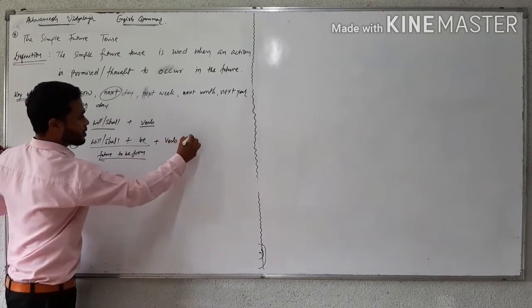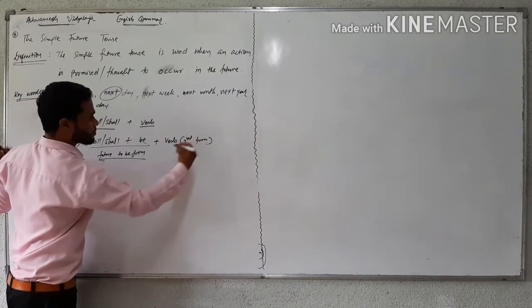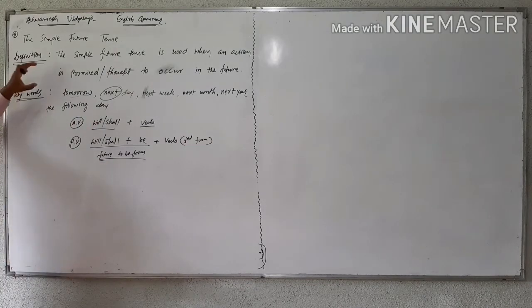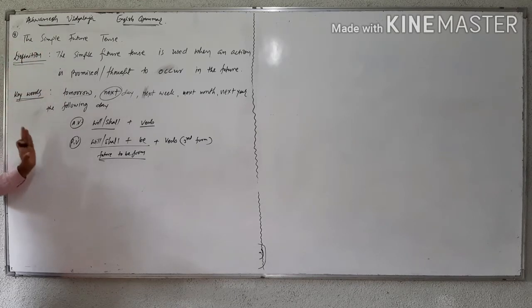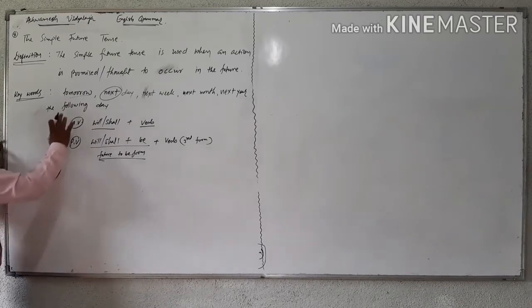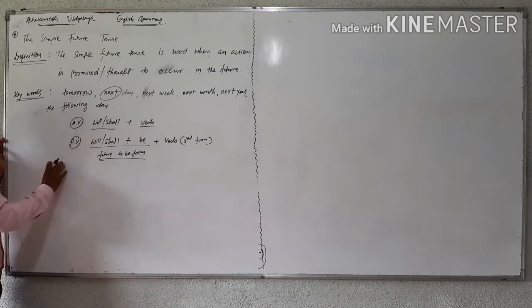To show an action occurring in the future, we use simple future tense and the keywords tomorrow, next, and following.